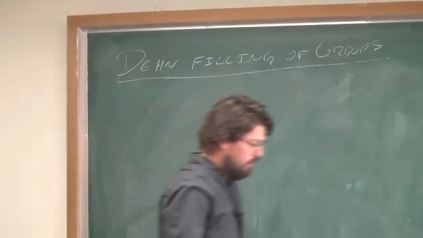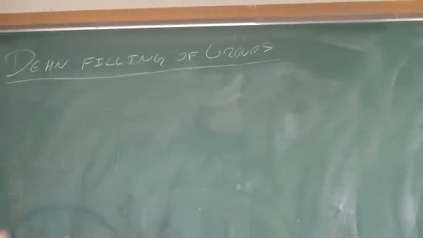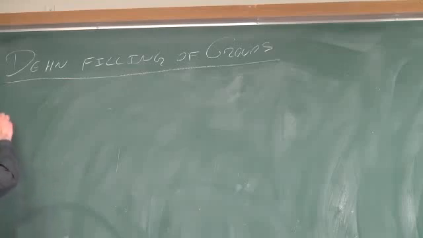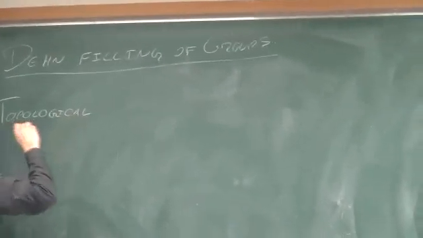Dehn filling of groups. So let me just recall the general picture from 3 manifolds. The thing that we're generalizing, though I'm not going to talk until maybe the very end about how we're generalizing it. So just the topological operation of Dehn filling, and this will be a little bit of repetition for some of you.